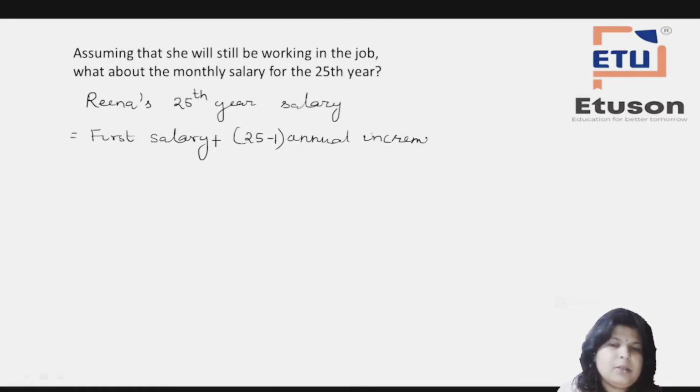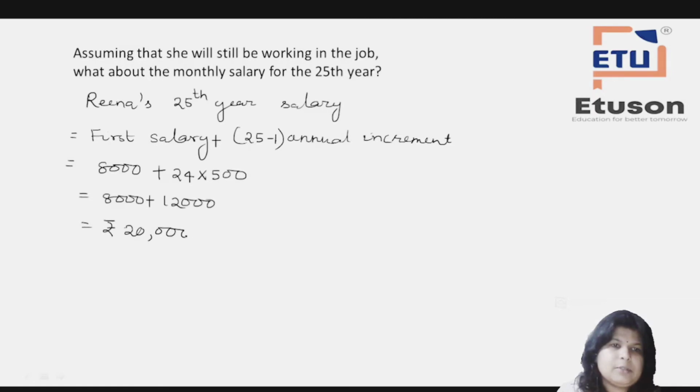Correct or not? In this case, first salary was 8,000 rupees and 25 minus 1 is 24 annual increments of 500. So 8,000 plus 12,000, and she will be getting 20,000 here. So her monthly salary will be 20,000 for the 25th year.